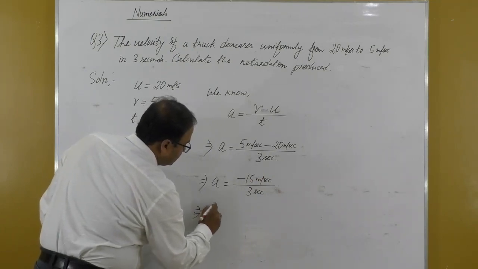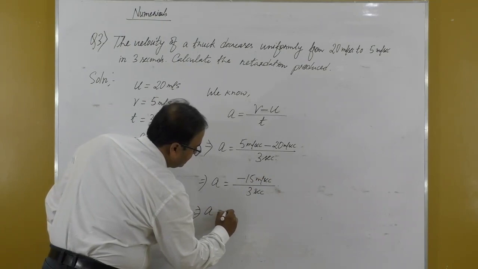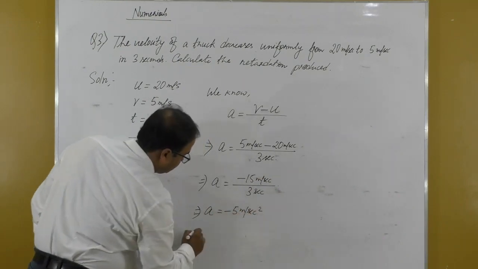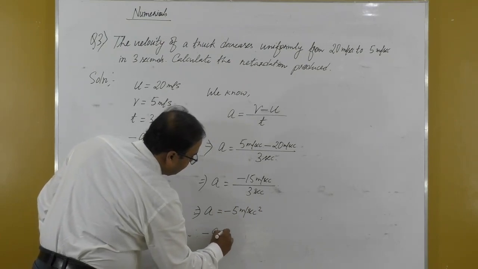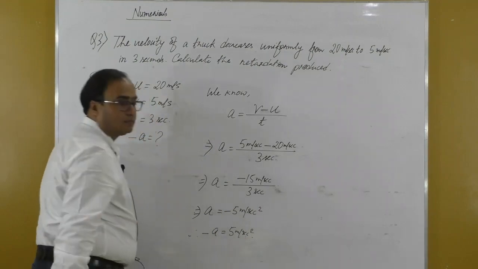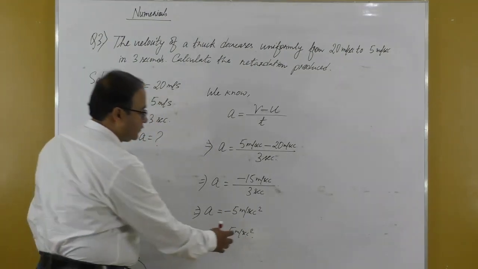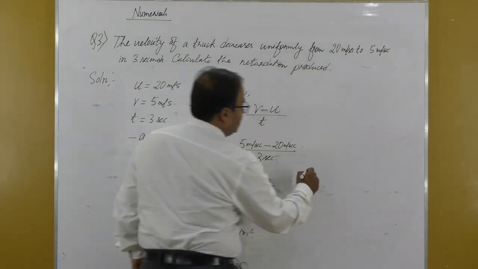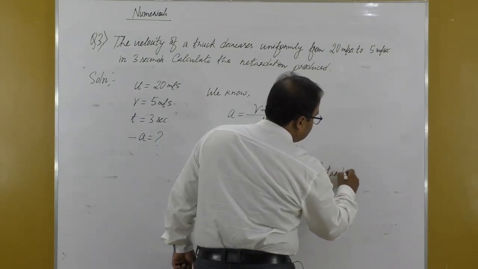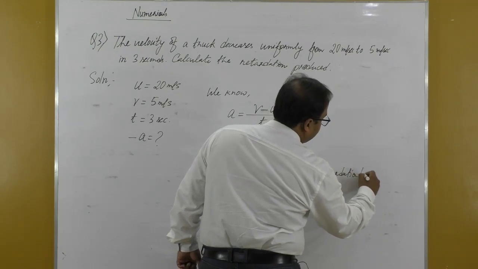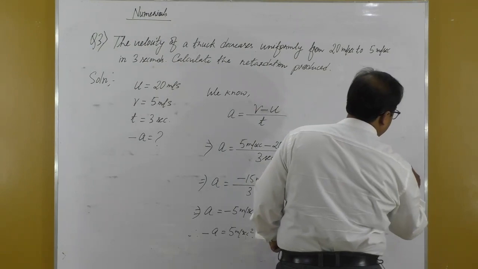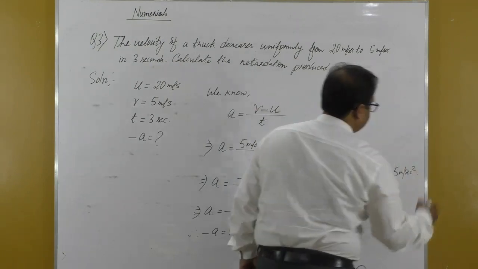So a equals to minus 5 meter per second square. Therefore, minus a is equals to 5 meter per second square. Therefore, we can write retardation, minus a, is 5 meter per second square.